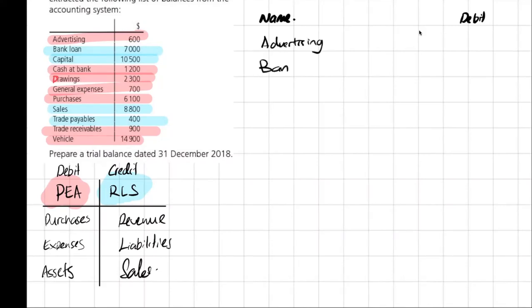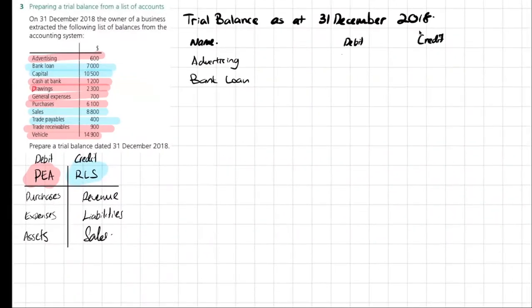Advertising, bank loan. Okay, advertising is 600 on the debit side. Bank loan is 7,000 on the credit side. Capital, 10,500. Cash at bank.